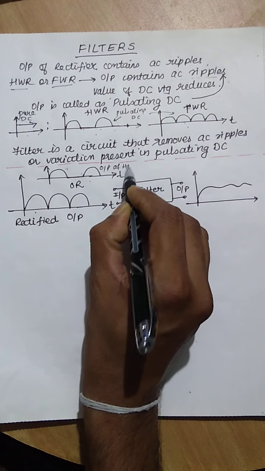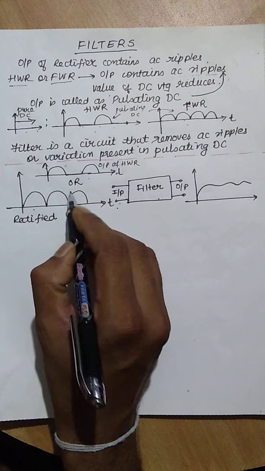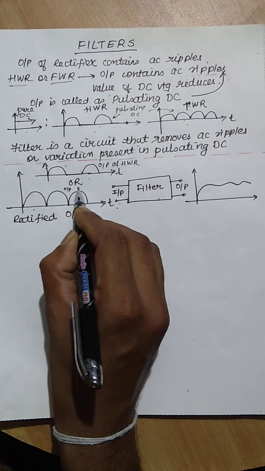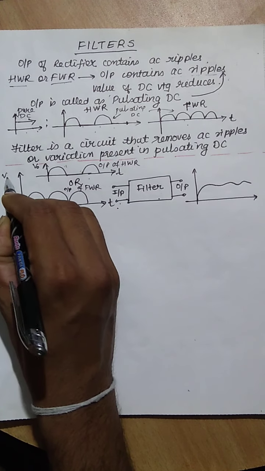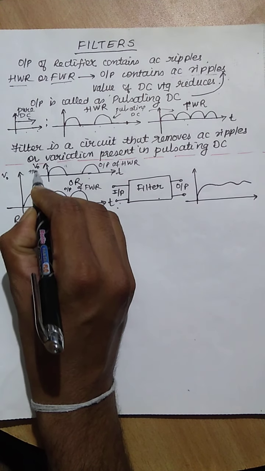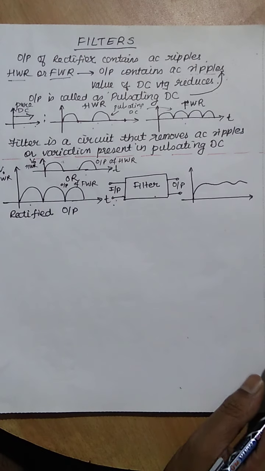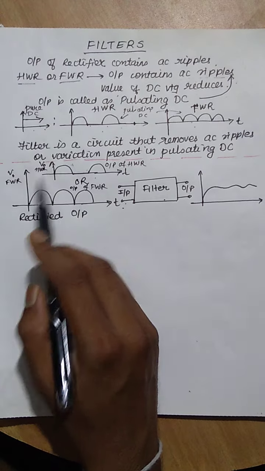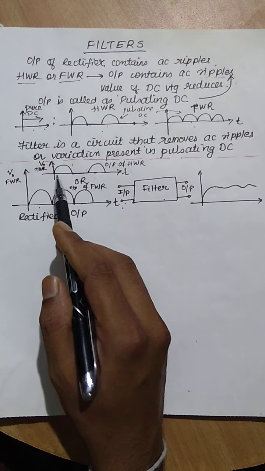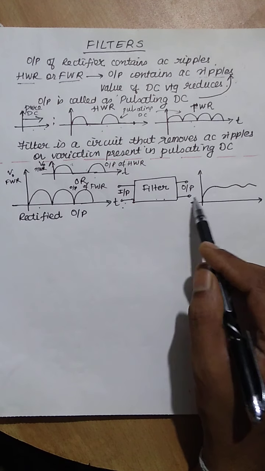Output of half wave rectifier, it is pulsating DC, and this is output of full wave rectifier. I will represent VO. So this is half wave rectifier and this is full wave rectifier. So any of the input is given to the filter and we will obtain the output.